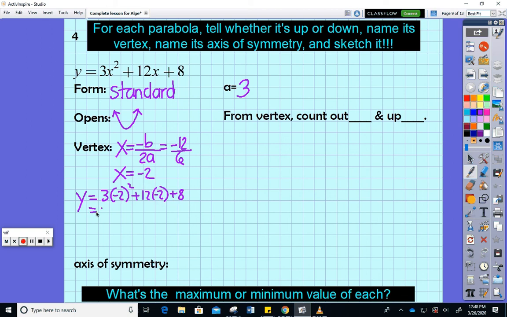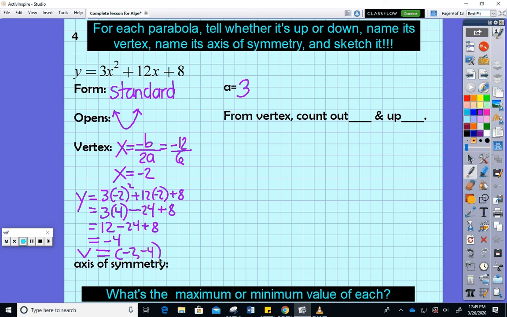That's going to give me 3 times 4, which is 12. 12 times -2 is -24, plus 8. 12 minus 24 is -12. -12 plus 8 is -4. So I'm saying that my whole vertex is (-2, -4).